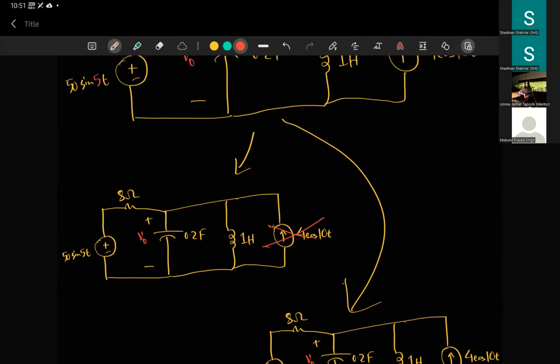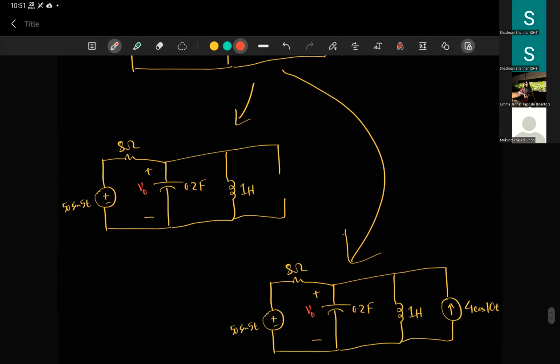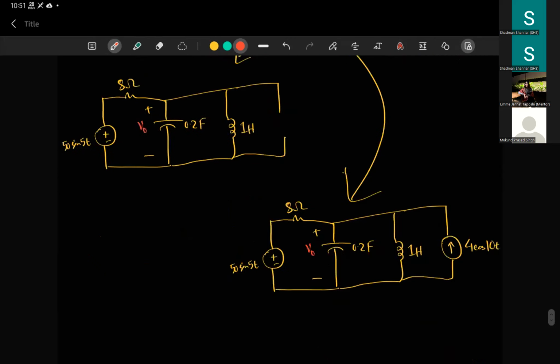Yeah, we open that current source. And for the other circuit, the current source is active and we kill the voltage source. How do we kill a voltage source? By short circuit. Yeah, we make it short. So this is your first step if you have different omegas. And if you don't have different omegas, well, you are lucky because this is an easier problem.